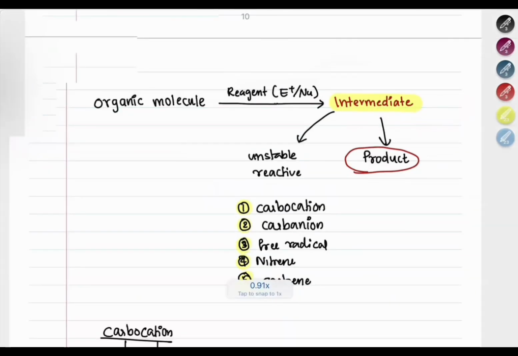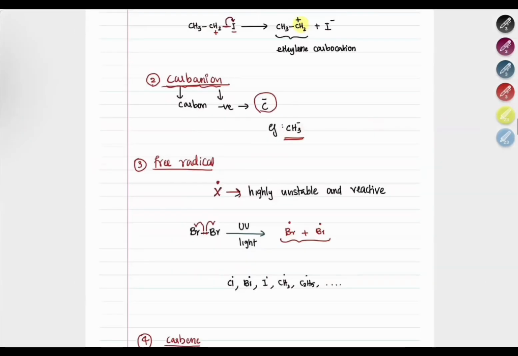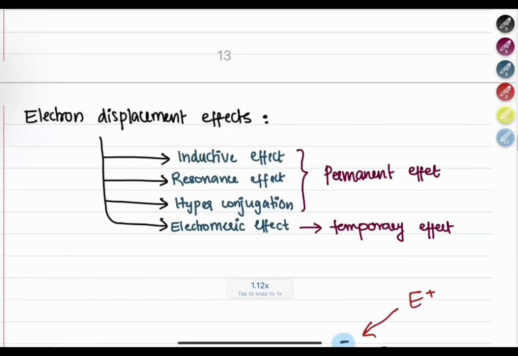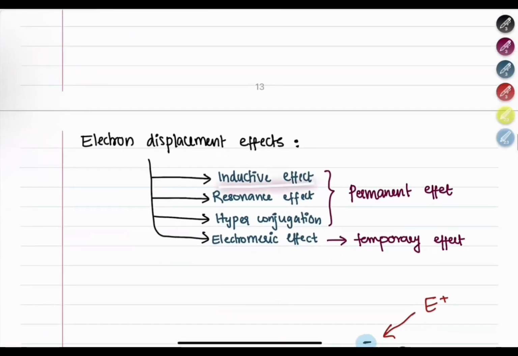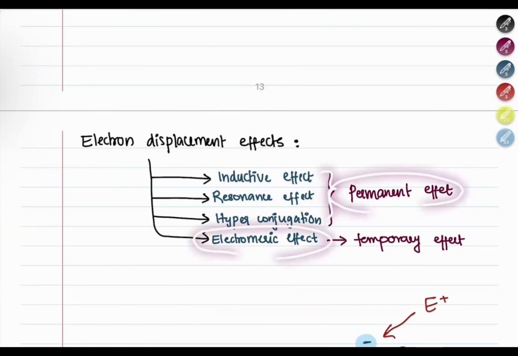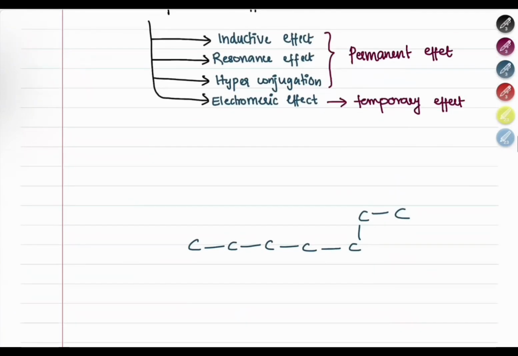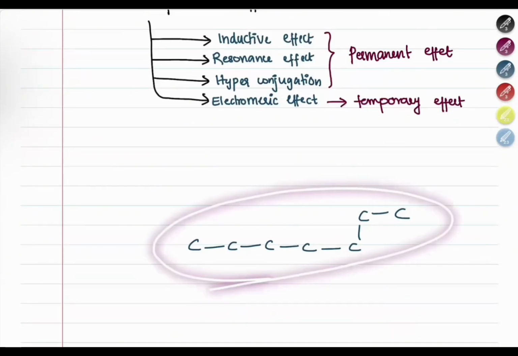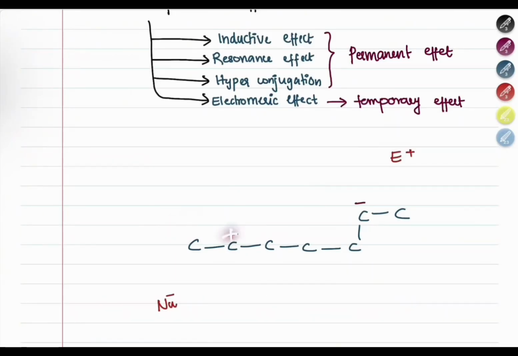So mainly there are 4 different types of electronic effects. The first one is inductive effect, then there is resonance effect, then hyperconjugation, and the last one is electromeric effect. Of these, the first 3 are permanent effects, and the electromeric effect is a temporary effect. Okay, so why are we discussing this electron displacement effect? Suppose this is a molecule, and in this molecule there can be both positive charge and negative charge, and the attacking reagent may be either an electrophile or nucleophile.